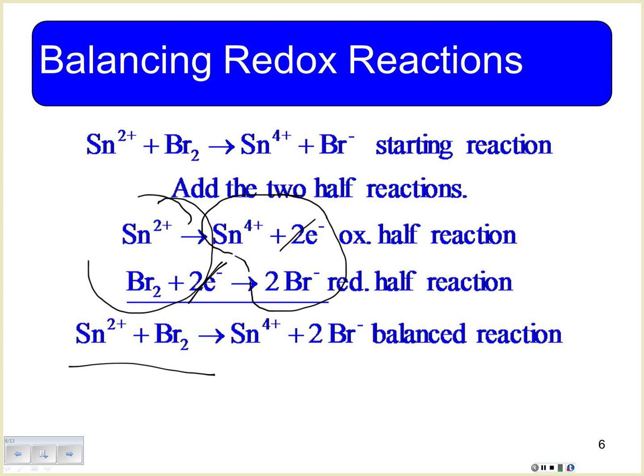You should have 1 iodine atom, 2 bromine, 2 bromine, so it's mass balanced. We look at the charge, we have a 2 plus and a 2 plus. So your end product should also be mass and charge balanced.